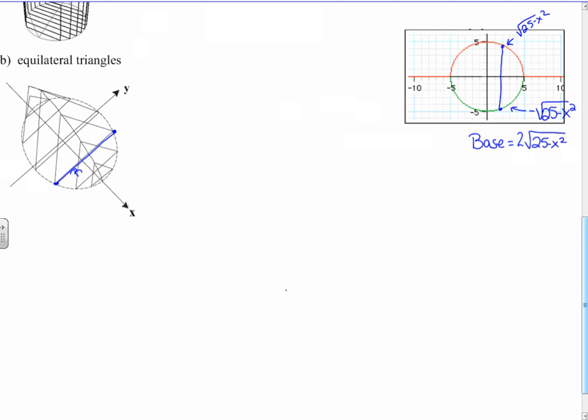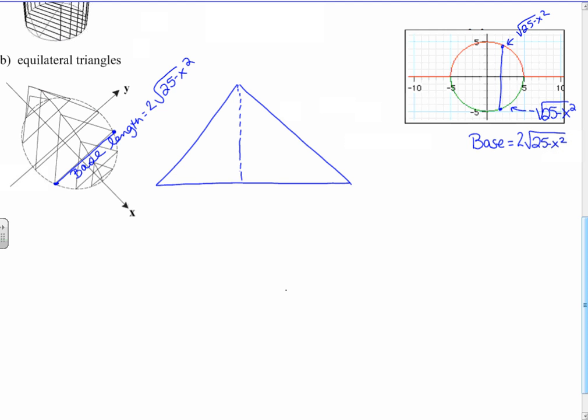This would be that base length again. So the base length is 2 root 25 minus x squared. Since I'm working with an equilateral triangle this time, my geometric calculation has to be a little different. I've got this height sitting in here because I know the area of a triangle is equal to 1/2 base times height.